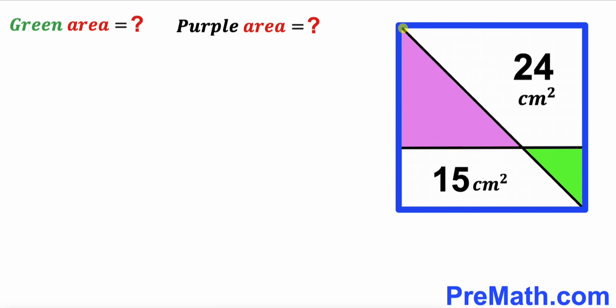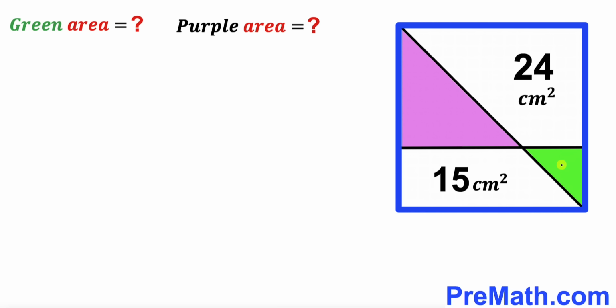We know that this is the main diagonal of this blue square. So that means the area of this half of this square is going to be equal to the area of this half.